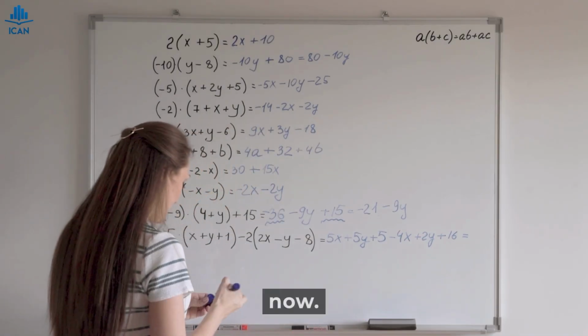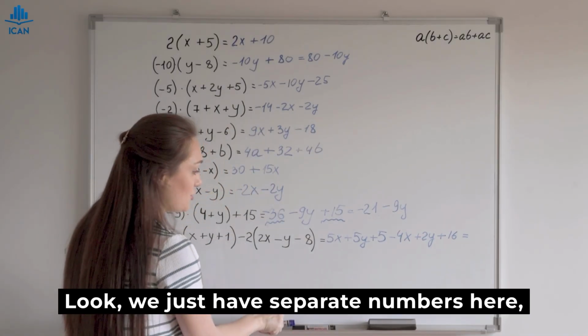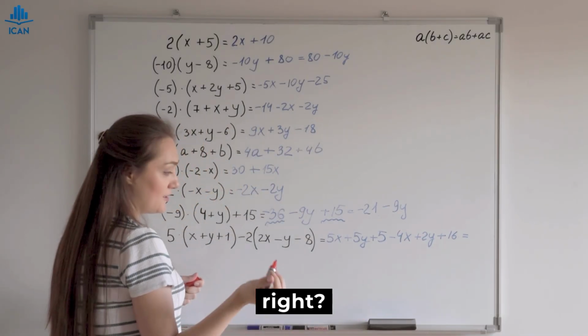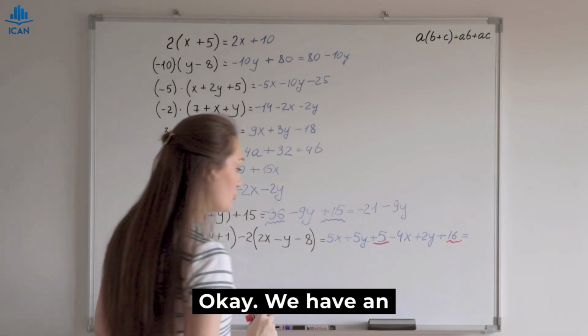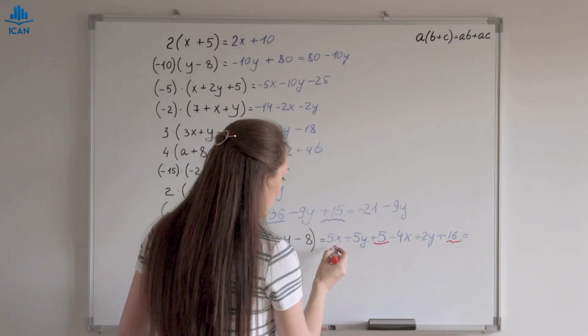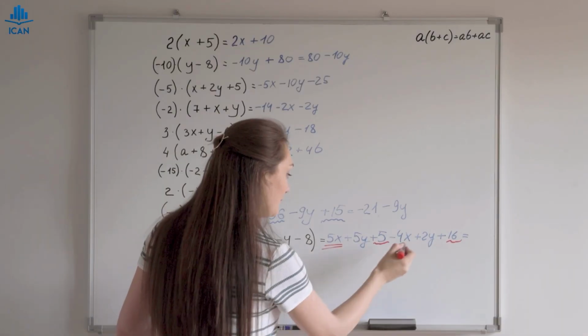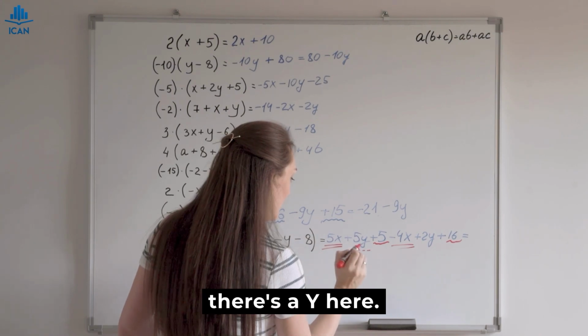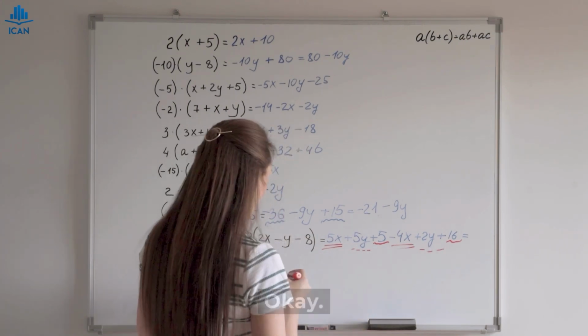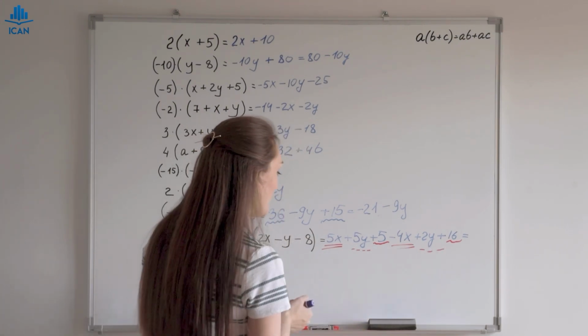All right, let's underline now. Look, we just have separate numbers here, right? We have numbers like this. Okay, we have an x. Here's another x. And there's a y here. Okay, let's count.